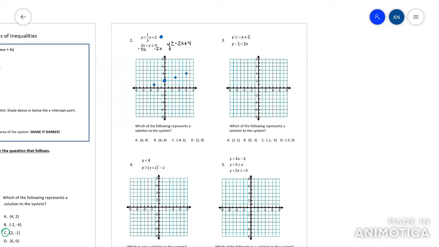Work your way backwards as well. The inequality is less than, not or equal to, so that means this is a dotted line. And the inequality said less than, so that means everything below this line, so all of this is shaded.